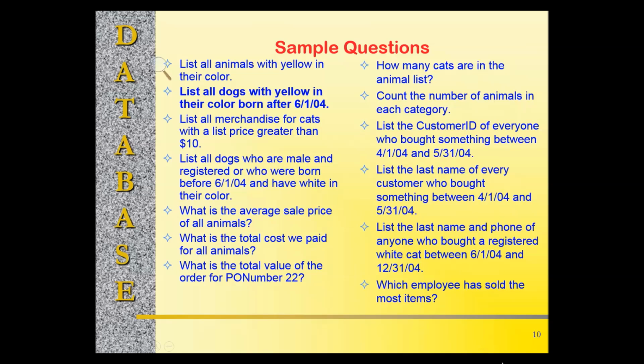So let's see here the third question. List all merchandise for cats with a list price greater than 10. Please don't move on to the second slide, but before that, let's identify what output we need from this question. So let's look at this question.